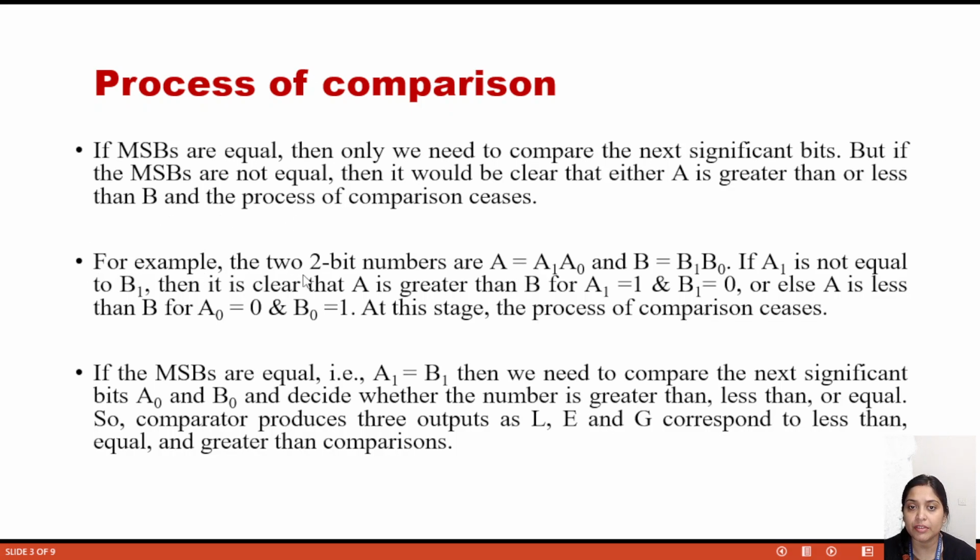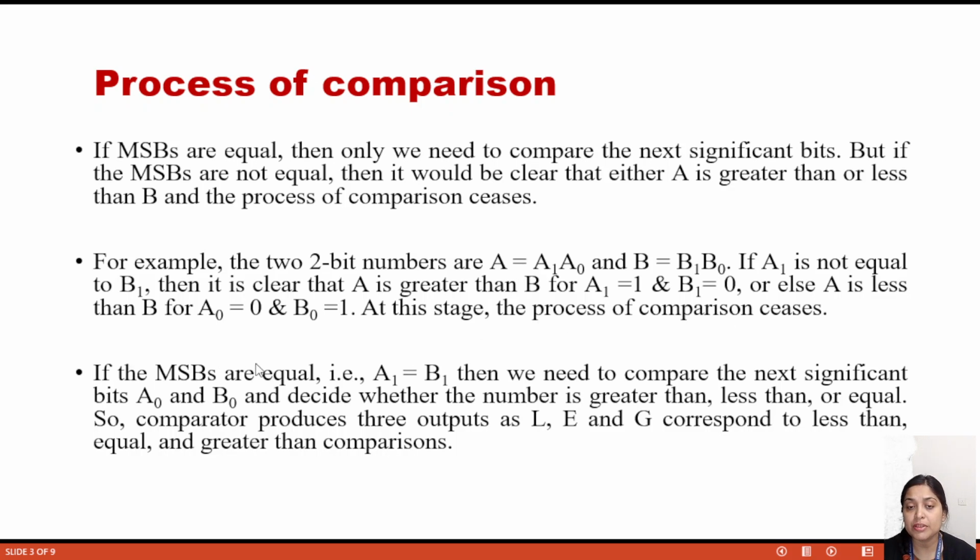Here I have given one example. First of all, we take two-bit numbers A and B, denoted as A1 A0 and B1 B0. If A1 is not equal to B1, then it is clear that A is greater than B for A1 equals 1 and B1 equals 0, or else A is less than B for A1 equals 0 and B1 equals 1.